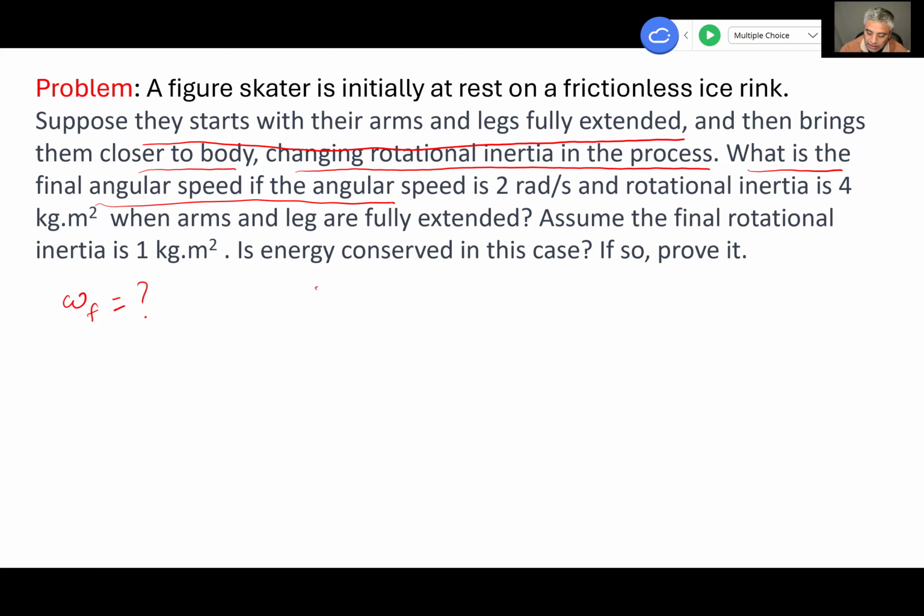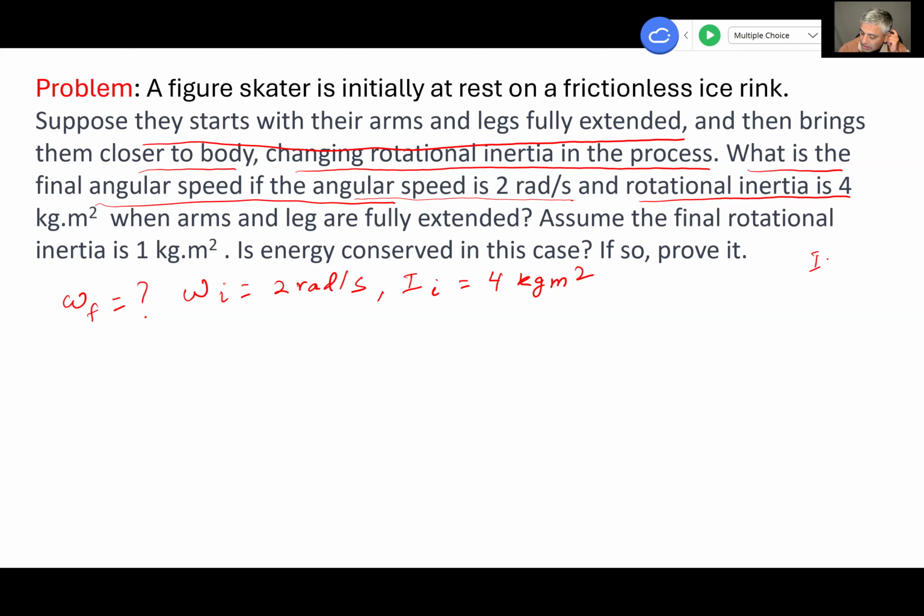If the initial angular speed omega I is 2 radian per second, and rotational inertia is given in kilogram meter square.